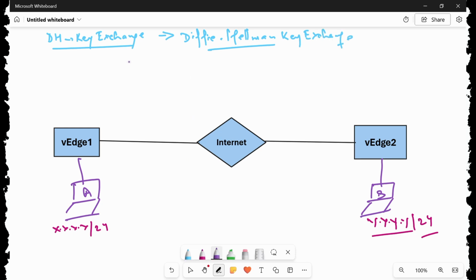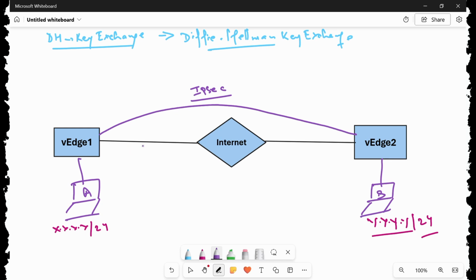This Diffie-Hellman key exchange in Cisco SD-WAN plays a very crucial role in establishing a secure IPsec data tunnel between vEdge routers. The IPsec tunnel between vEdge routers will be formed through this Diffie-Hellman key exchange process.